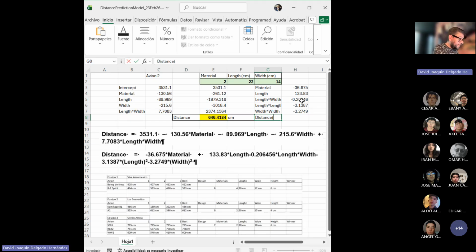I will put distance 2, which is the model, the quadratic model, and this will be distance 1, the linear model. I can have a power model, I can have a polynomial model, an exponential model, a logarithmic model.